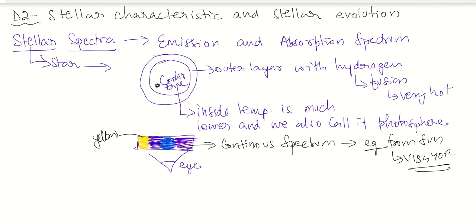and from the cooler zone, one photon comes out. So this is a photon coming out from the cooler zone. Now this photon which comes out is yellow, so I will draw it with yellow here. Because this is yellow and this is also yellow, it gets absorbed and it comes like a dark line.